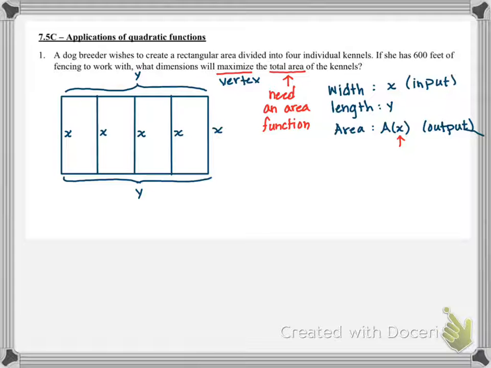And I can say my area, A of x, is equal to length times width. So that's true. But then I run into trouble because my area has to be a function of x, which means that the formula can't have any other variables in it. So we can't have a y here.